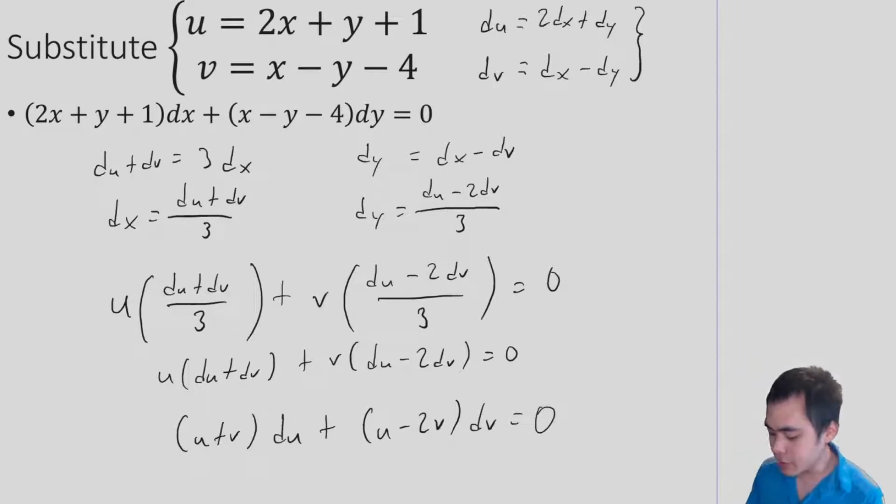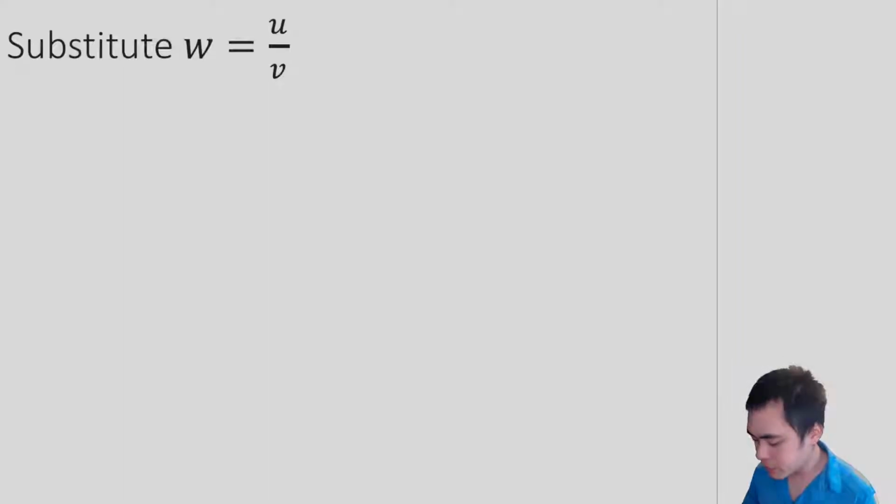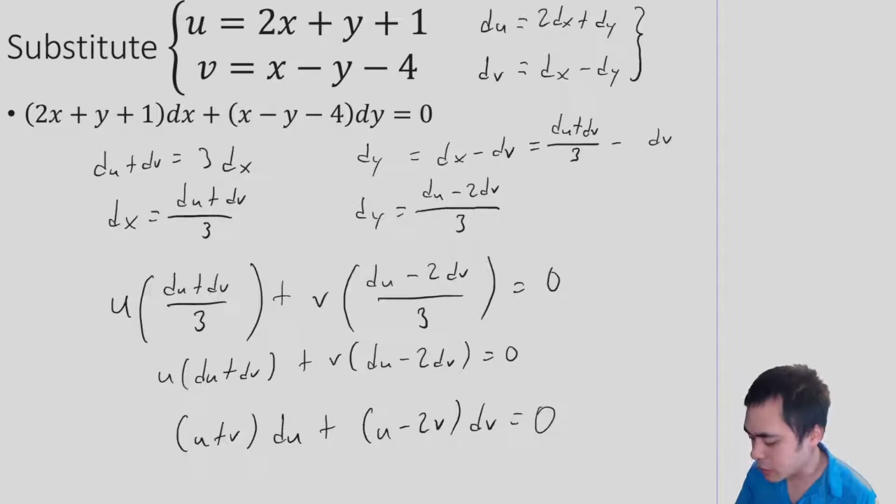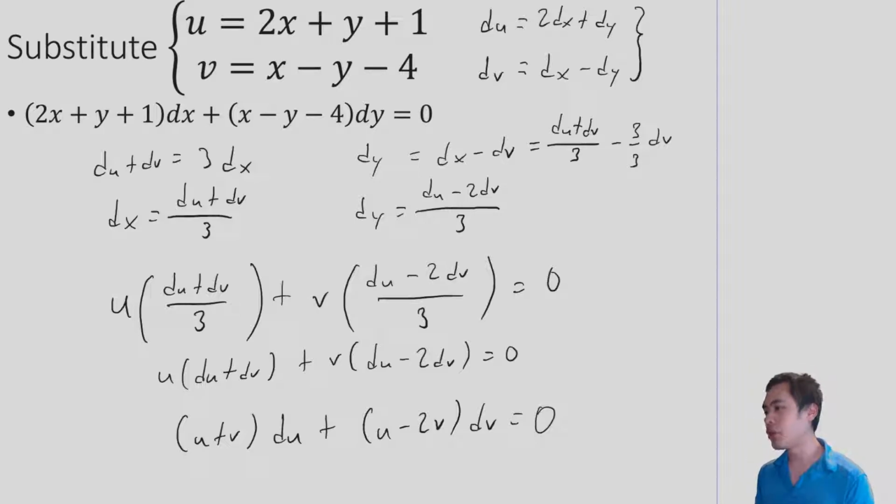So dy is equal to dx minus dv, and so therefore you have dy equal to (du plus dv) divided by 3 minus dv. But you can think of dv as 3 over 3 dv, and so when you combine together the fractions, you end up with (du minus 2dv) over 3. So you just have to make sure that you do all your fractions correctly.